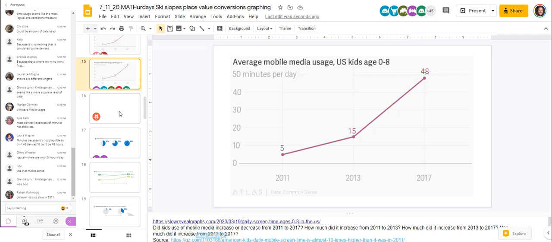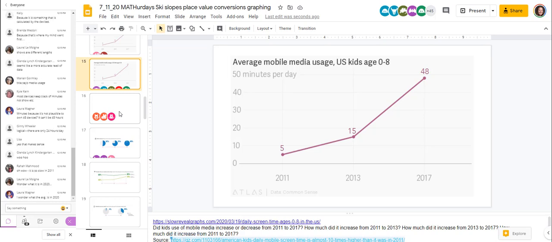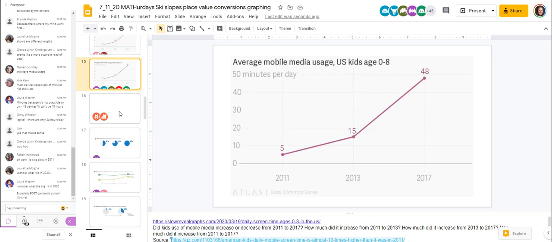But the noticings and wonderings you just had are motivating kids to actually care about why they have to label their axis. Have any of you been in that situation where you're like, why are you making me do all this stuff? It's not really that important. People get it. Were you all motivated with this?